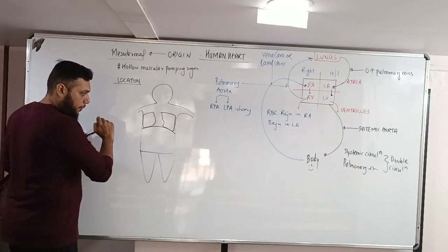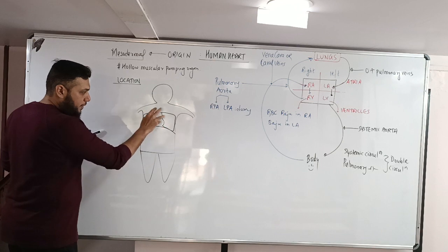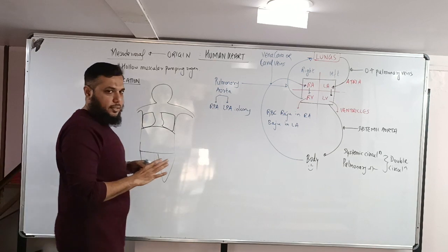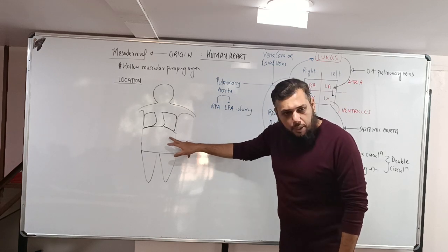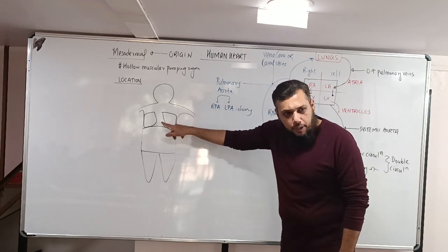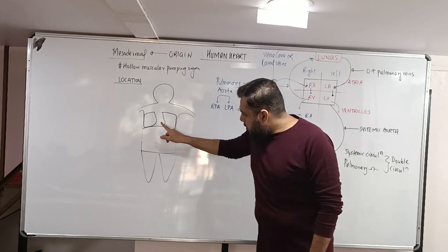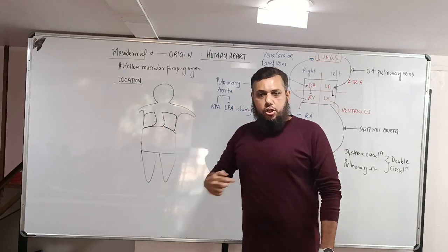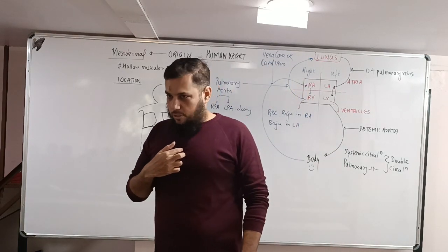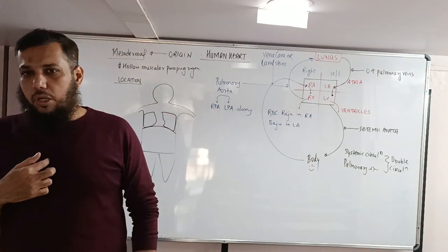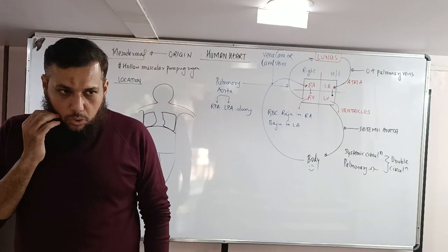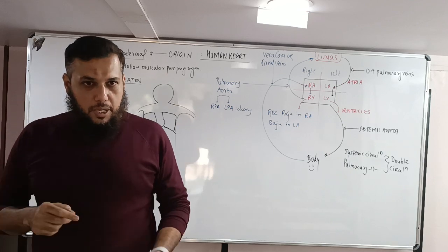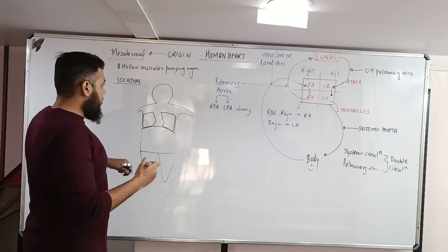Left lung and right lung. And what is this cavity where the lungs are located? Thoracic cavity. Do you see a space between the two lungs, just behind the breastbone? It is called mediastinum.